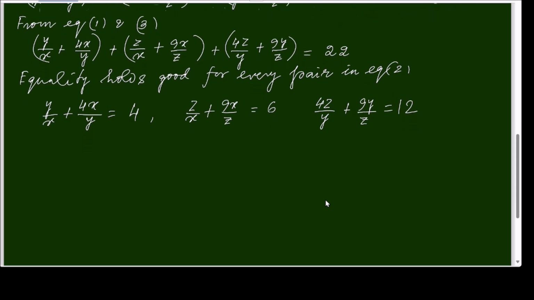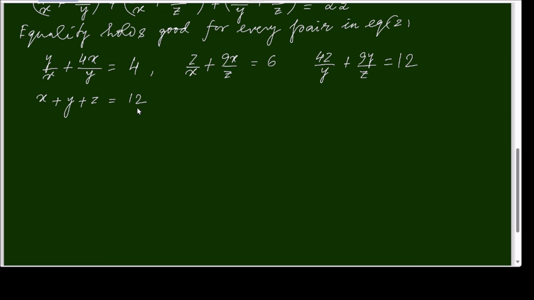Now to get the values of these, we'll take the help of x plus y plus z equals 12. We are making the subparts of each equality case. Y by x equals 4x by y.